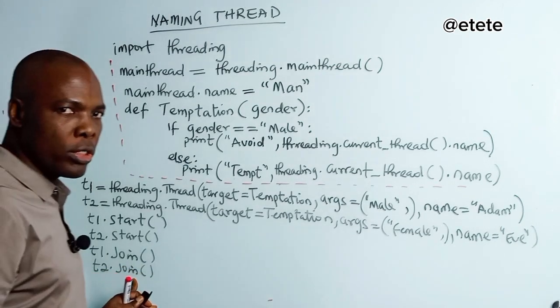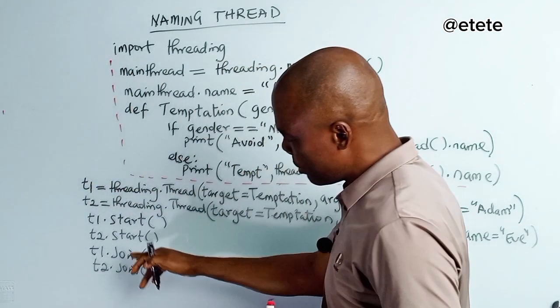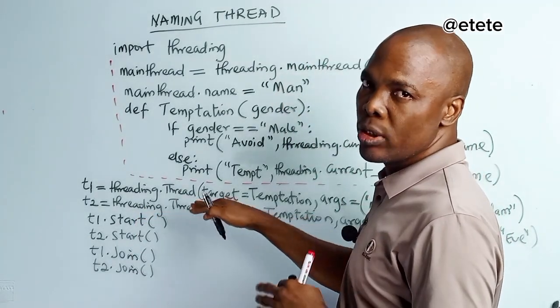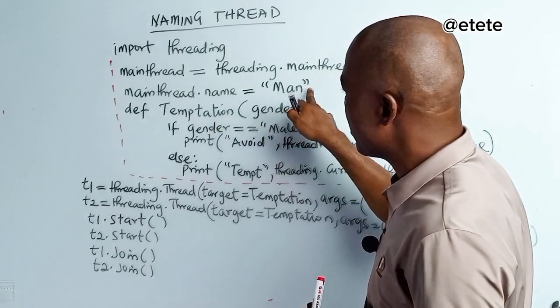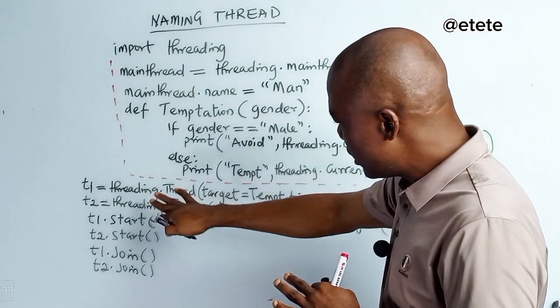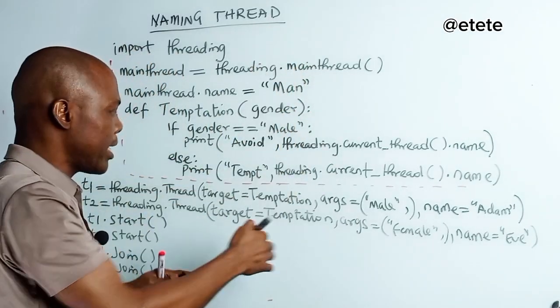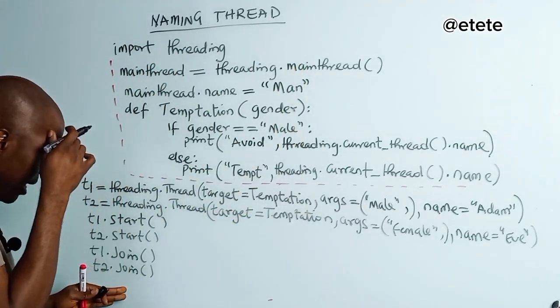So this join method is going to hold this main thread. It will hold the main thread, which is what? This main thread, Man. It will hold it until this Adam and Eve finish their task. So that is that.